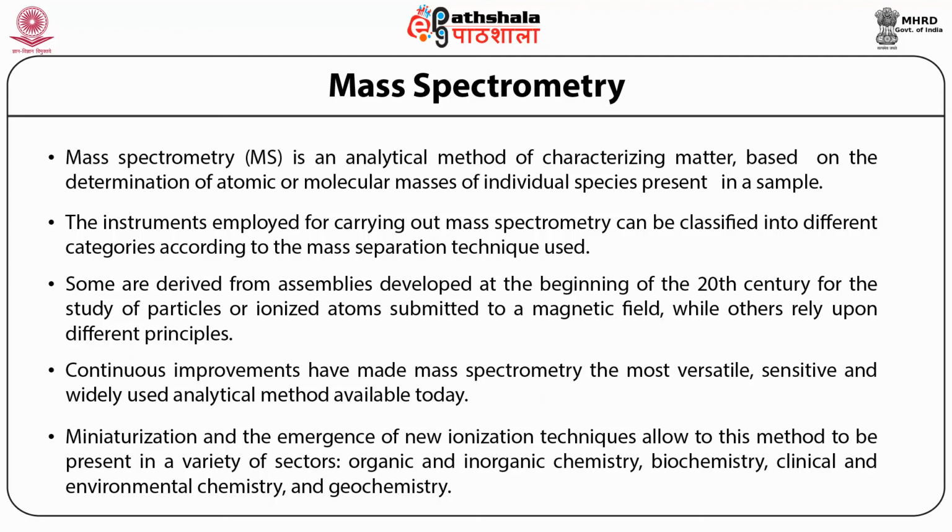So the sensitivity of those instruments increases by connecting with mass spectrometry, and this combination of the two techniques is frequently used to analyze various types of environmental contaminants in soil and water samples.